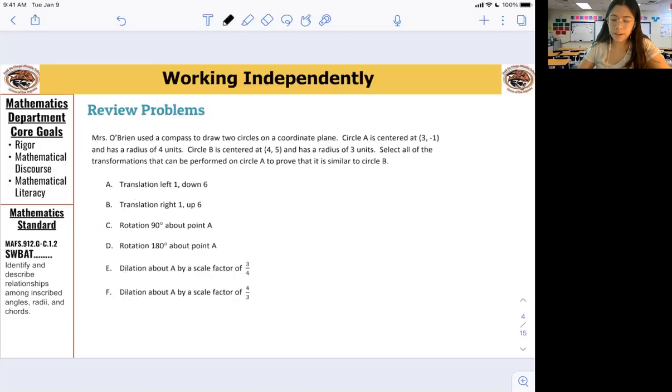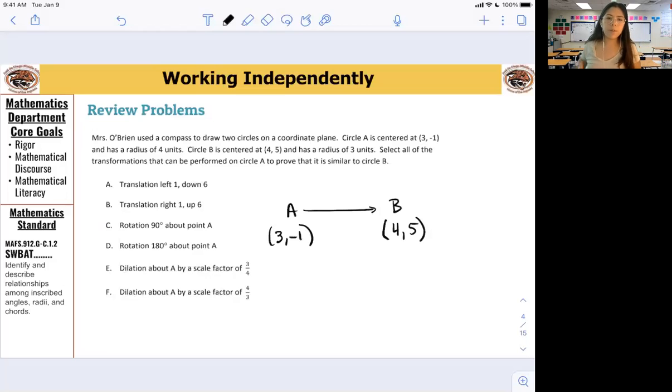A to B. A is located at 3, negative 1, and B is located at 4, 5. So if I'm going from 3 to 4 on the x-axis, how many units am I moving and in what direction? From 3 to 4. To the right, how many units?